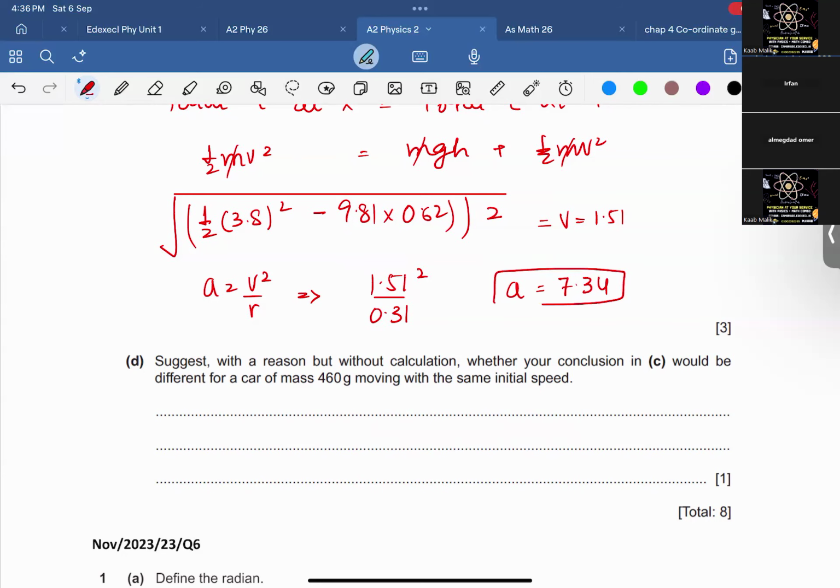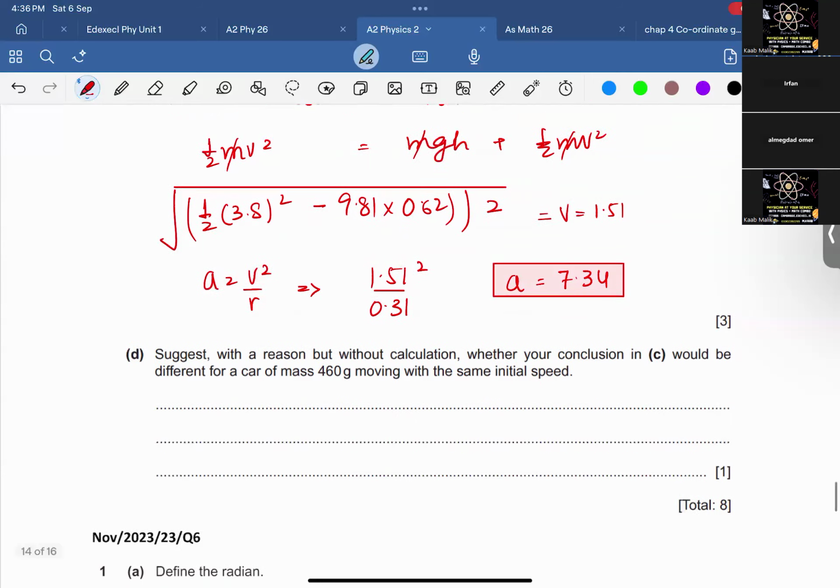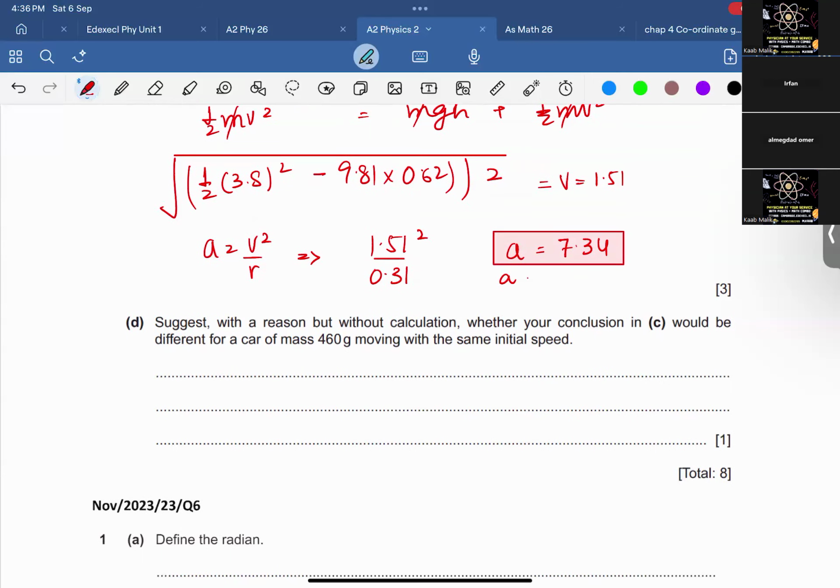Since you have to give the conclusion: since this acceleration is less than 9.81, it will fall down.